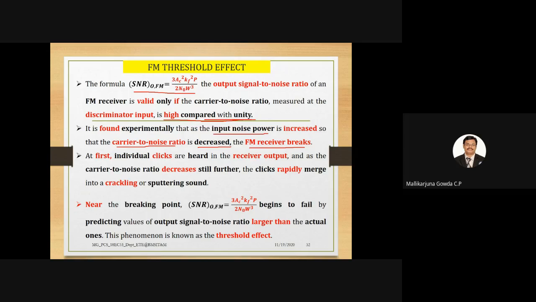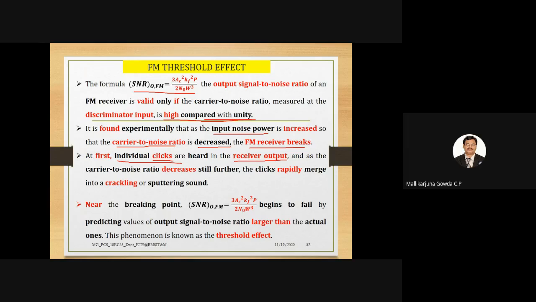To understand this further, we first hear individual clicks. At first, the individual clicks will be heard in the receiver output. You might have experienced that kind of noisy sound.